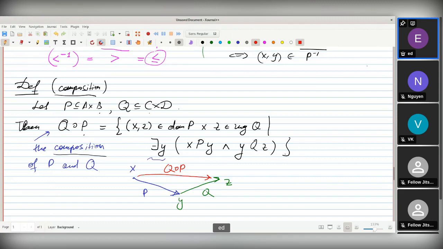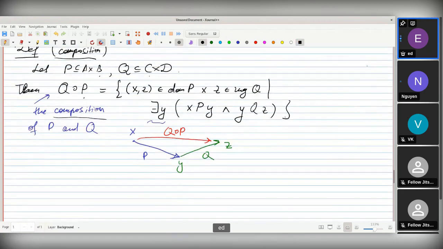Yes. What are the natural interpretations of this composition? In real life, we have many situations when the composition is applicable.